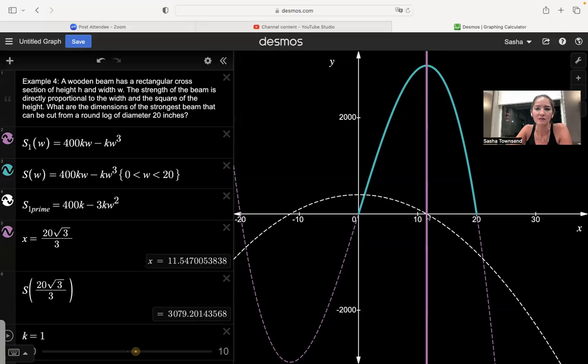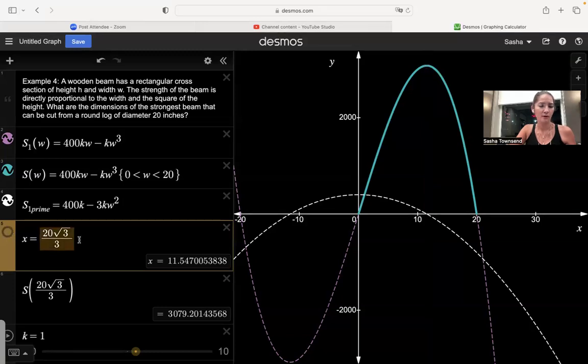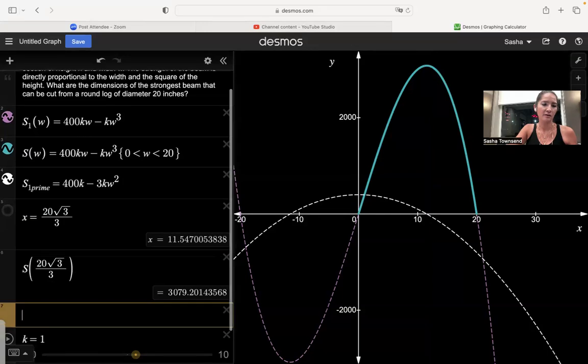But we see that the zero of the derivative function corresponds to the maximum value of the strength function. And that maximum value of the strength is approximately 3079. If we wanted to find the exact strength, we would plug that x value into the function. We have 3079, and whatever the units happen to be. So if I want to, now I can plot that point at the top.